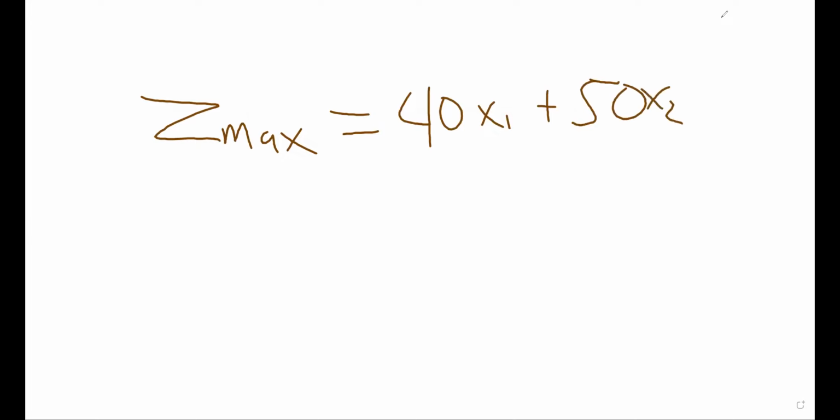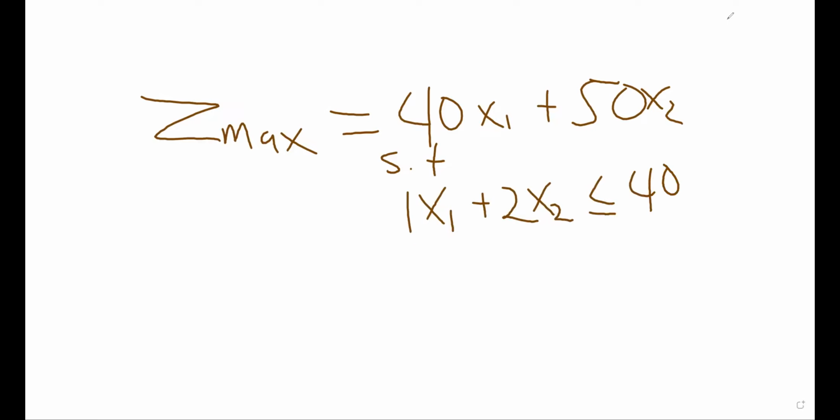This is Z-max. This is what we had before, okay? And we had 40x1 plus 50x2. I'm sure you all remember this. And this was subject to some constraints. First, a labor constraint, which I'll write here: 1x1, I'm writing the 1 for a reason, plus 2x2 less or equal to 40.